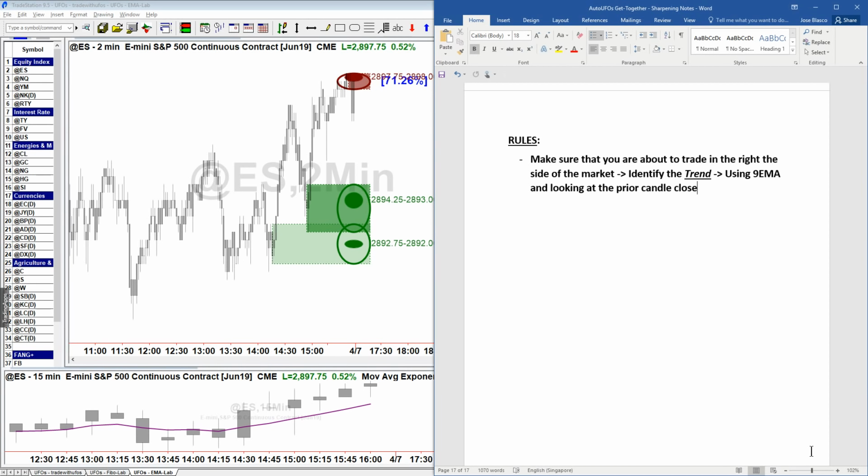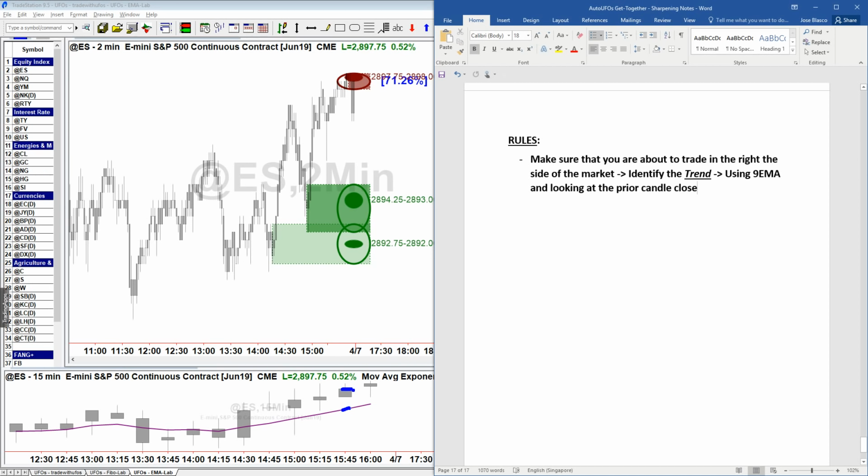What you're going to do is look at the prior close. So this is the prior close. You don't look at the current candle. The current candle is where you trade. So you will not look at that one. You will only look at the prior close and compare the prior close with where the average was when the prior close took place.